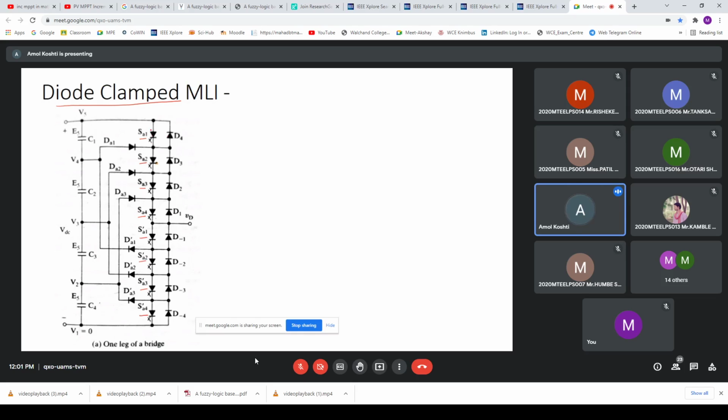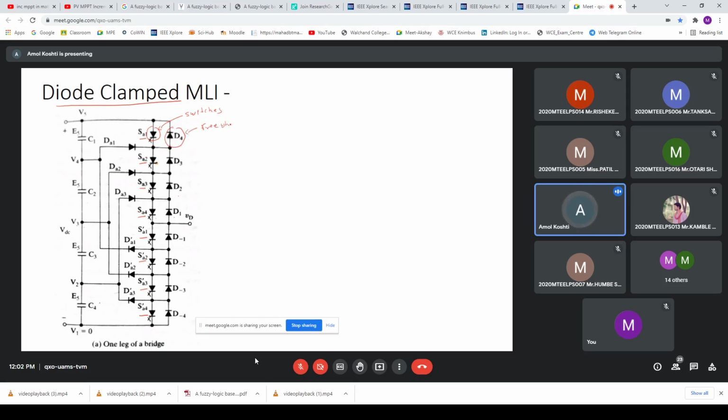This part is referred to as a switch, and that switch can be any semiconductor. And these diodes D1, D2, D3, D4, or D minus 1, minus 2, minus 3, minus 4, are called freewheeling diodes.